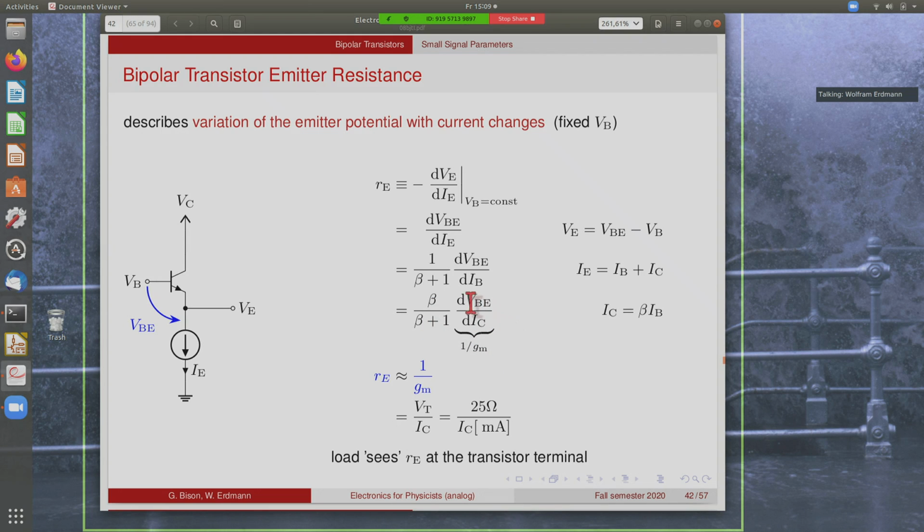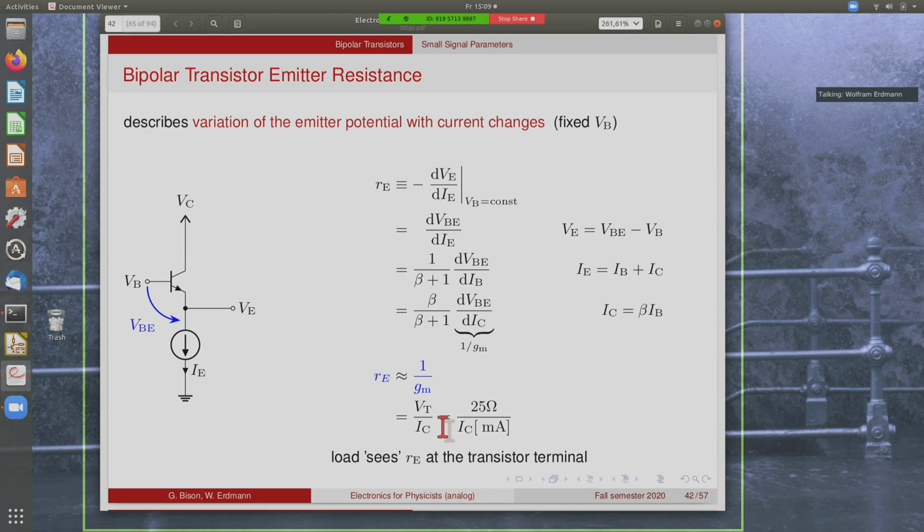So we are simply left with an emitter resistor that is approximately equal to 1 over GM. So GM was collector current divided by VT. So 1 over GM is VT divided by the collector current. And this can be expressed in normal units as 25 ohms divided by the collector current.